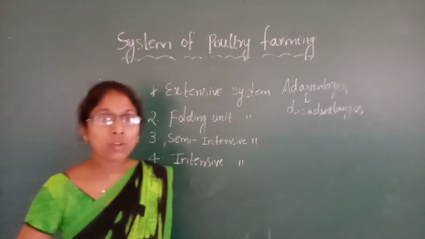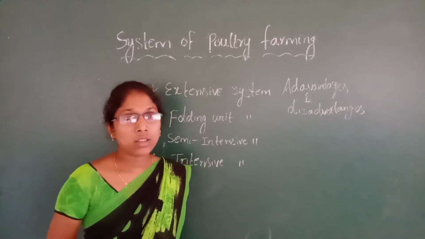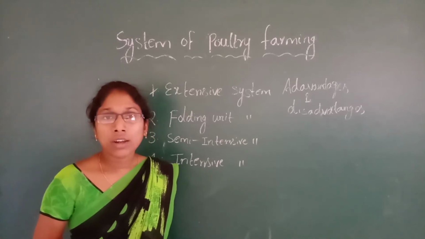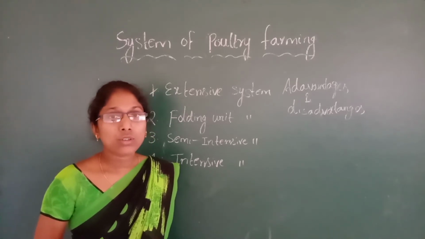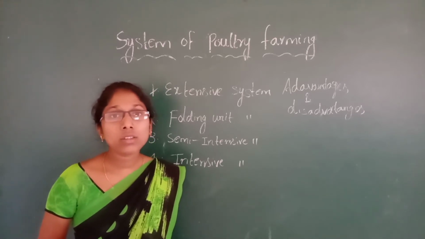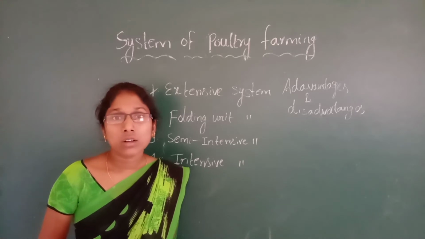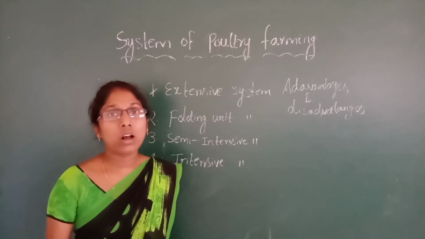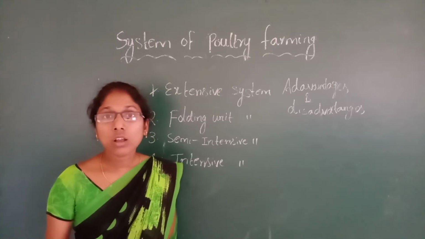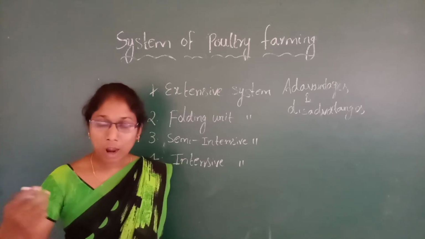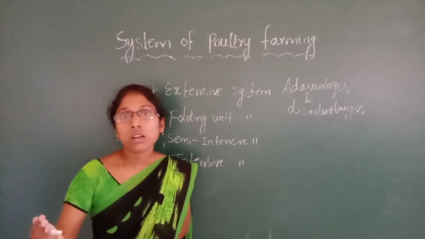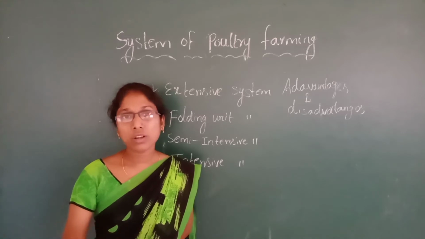First, they are eating naturally available food, so the keepers have a low cost of feeding. They have to eat what is available outside, so the farmers purchase less feed.